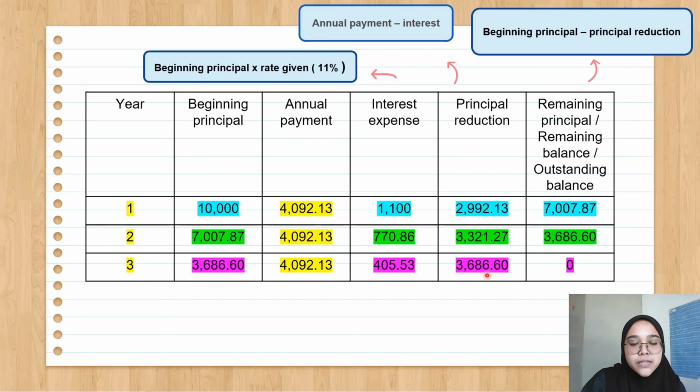Principal reduction for the third year is the annual payment $4,092.13 minus interest for the third year, $405.53, and we get principal reduction for the third year of $3,686.60, and remaining principal for the third year is 0, which is beginning principal minus principal reduction for the third year.